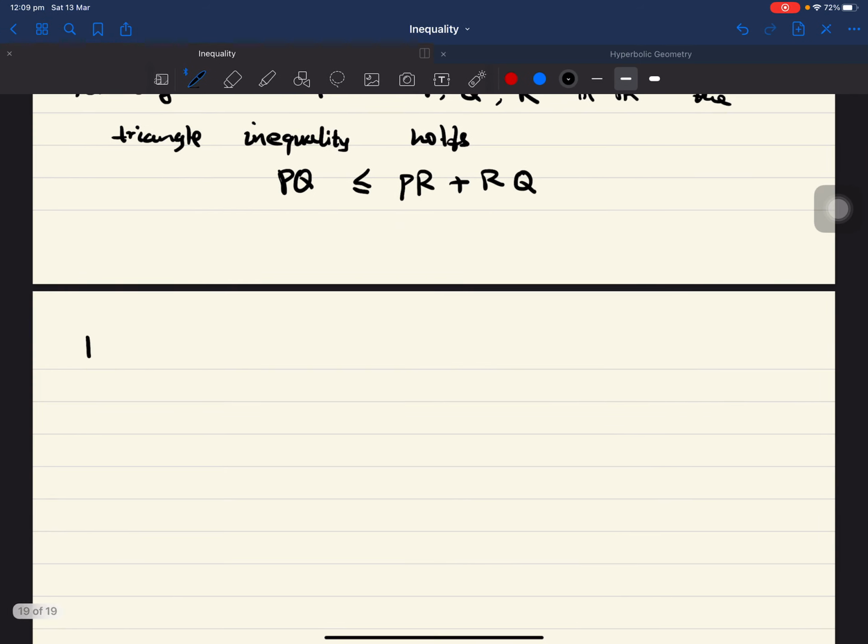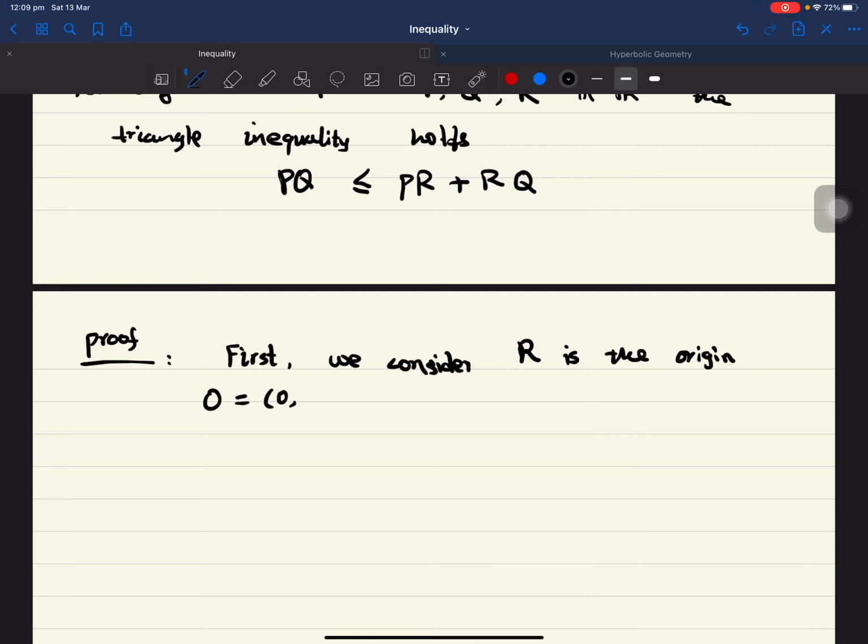So, proof. We first consider R as the origin O, equal to 0, and then PQ squared is equal to the sum of xi minus yi squared, sum over all i.